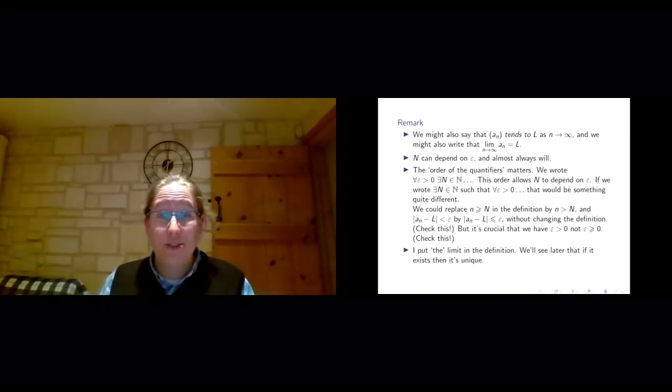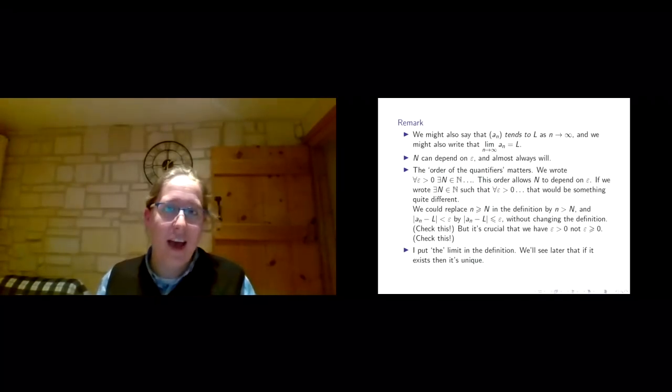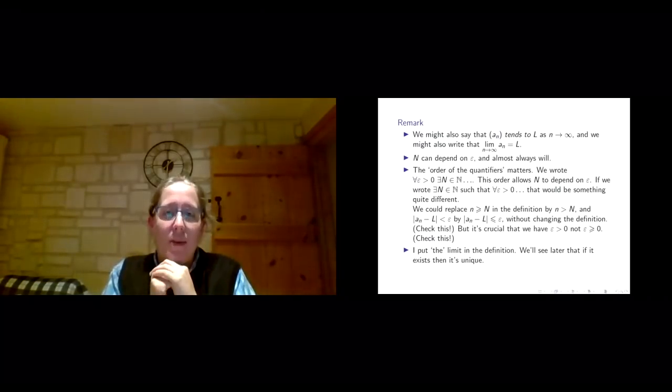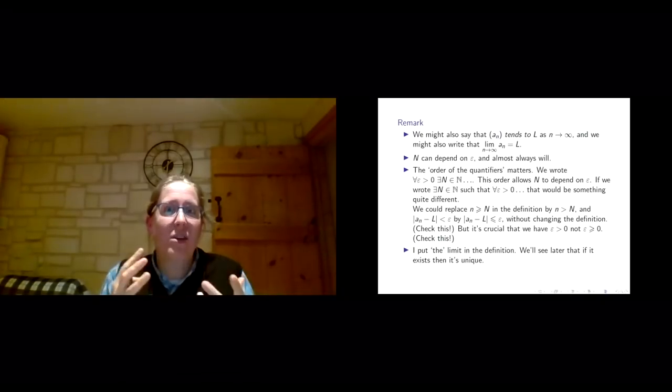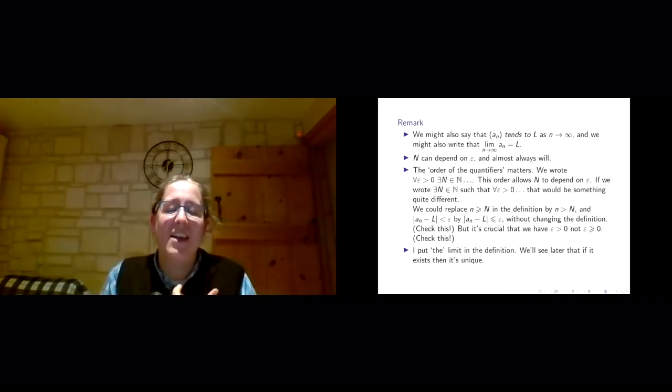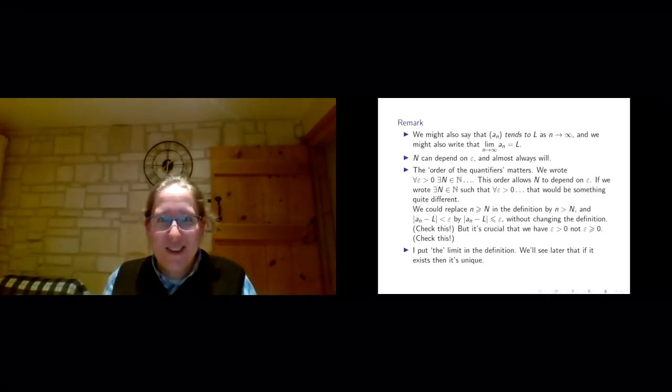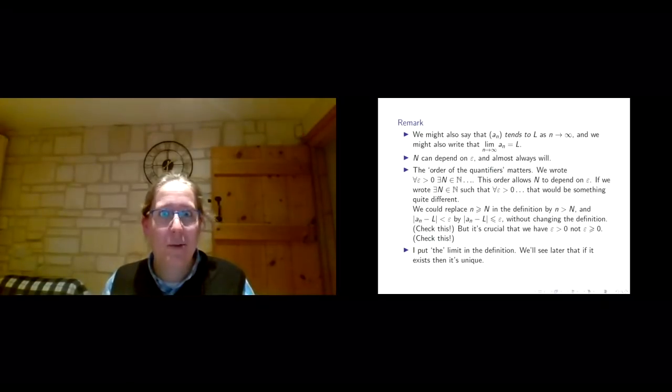So I might also say that the sequence tends to L, converges to L, same thing, as n tends to infinity. And in notation, we might write lim with n tends to infinity written underneath, of a_n is equal to L. So that's another way of saying the sequence a_n tends to L. I advise extreme caution using that notation because people have a habit of writing that down and not carefully checking whether the limit exists in the first place, which is an issue, and I'll try to touch on that when it crops up later on.